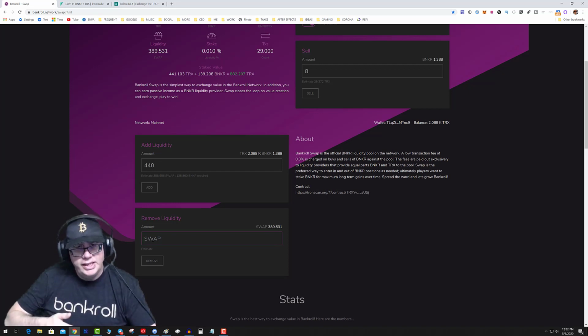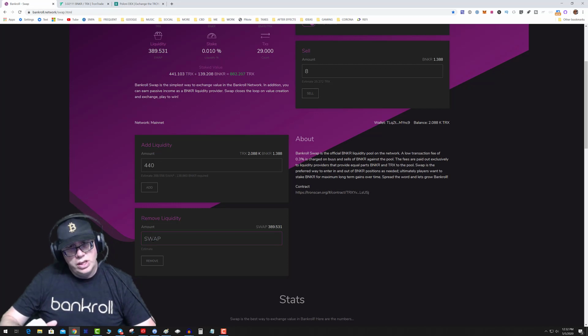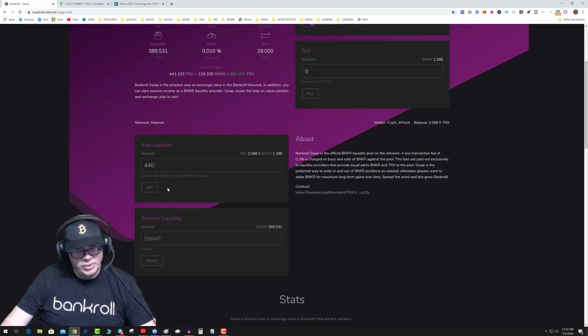The liquidity side is a little more advanced, and depending on the size of your portfolio, you may have better gains saving for the moment, while the mining level is still reasonable. So basically, it says I have 389 swap.